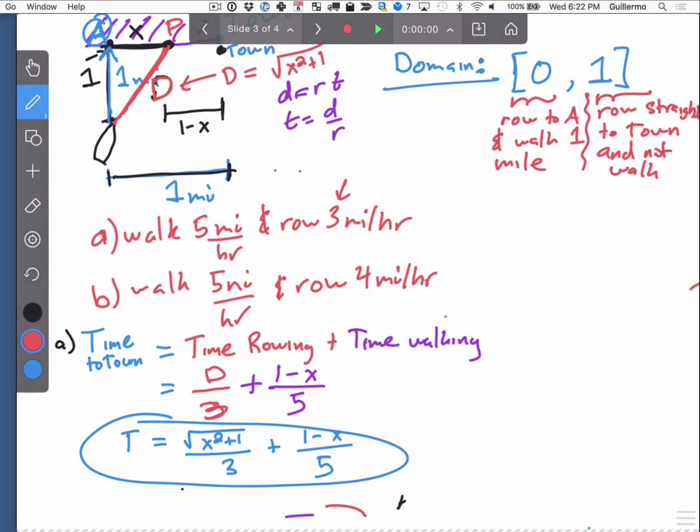Somewhere in between, which is exactly what we're looking for. We're looking for the optimum point to row to. It could be somewhere in between, but it could very likely also be one of the two endpoints, right? Does that make sense? Okay.